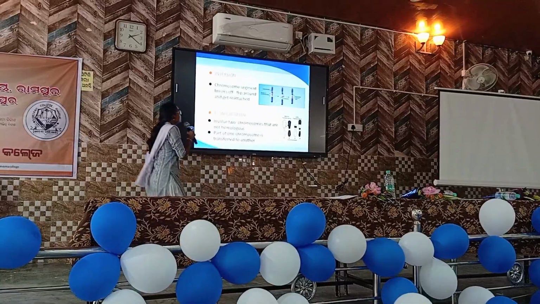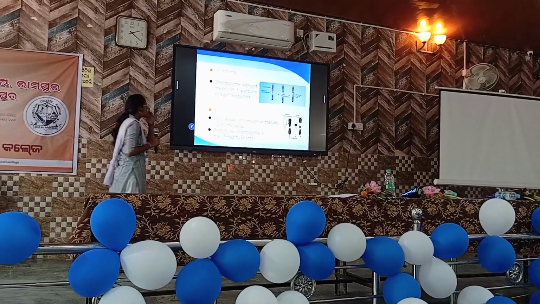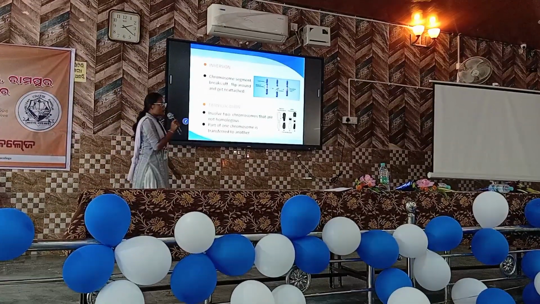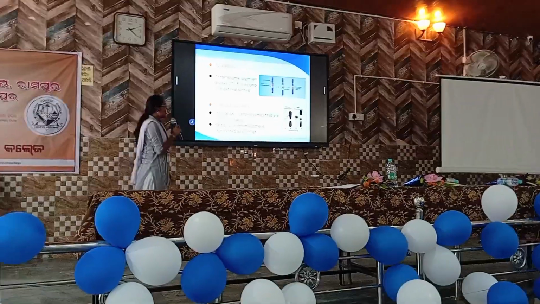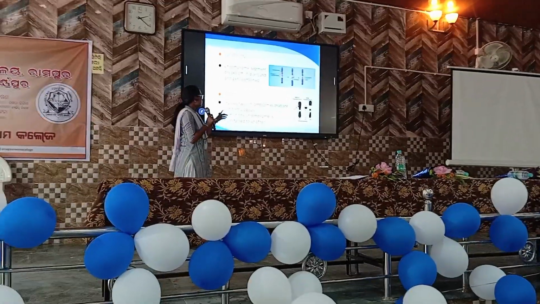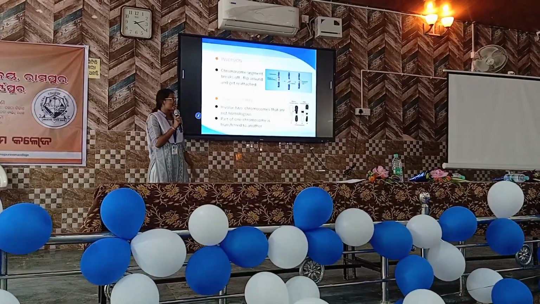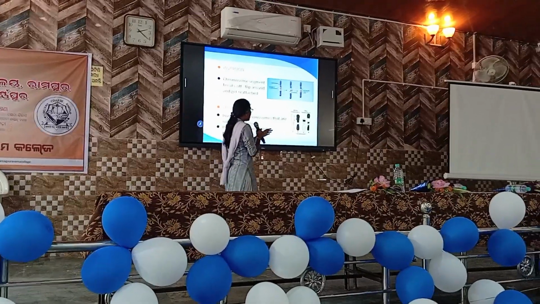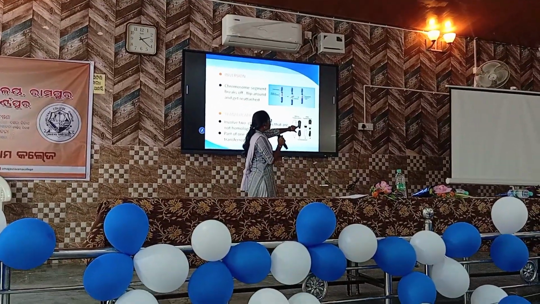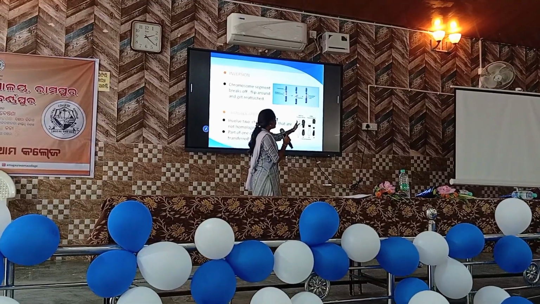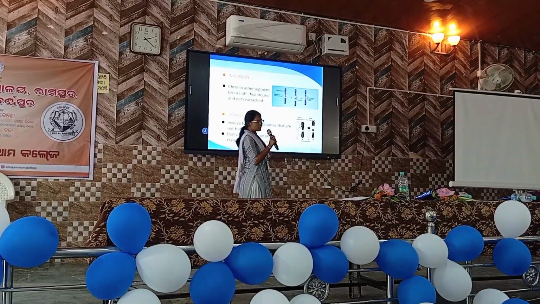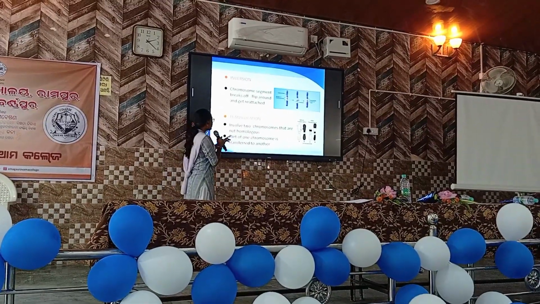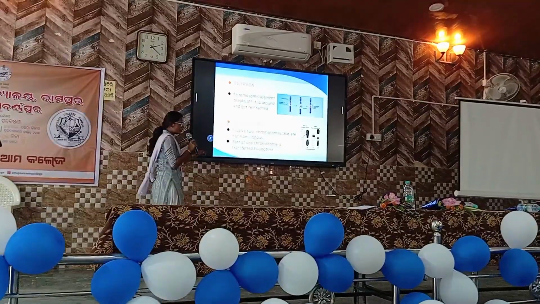This is known as inversion. Then the next type of chromosomal mutation is translocation. It occurs between non-homologous chromosomes, and the genetic material is exchanged between the two chromosomes. It is also one type of chromosome mutation.